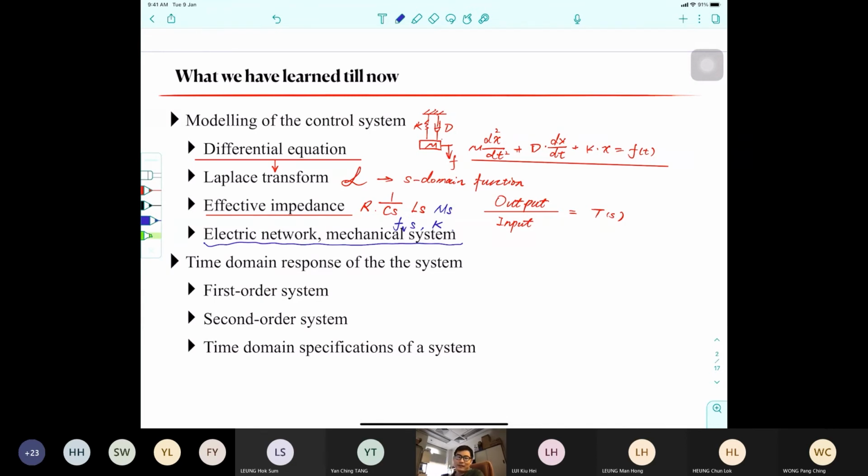The only difference is the transfer function is huge.